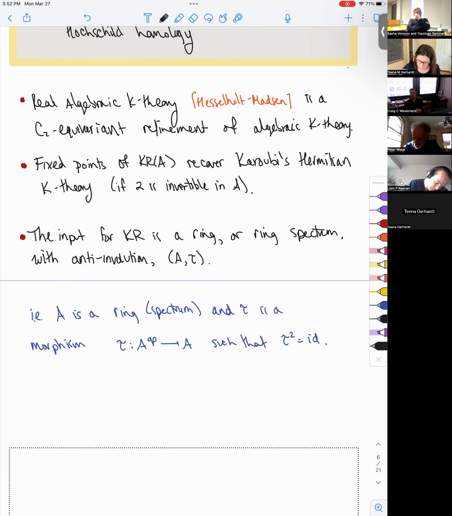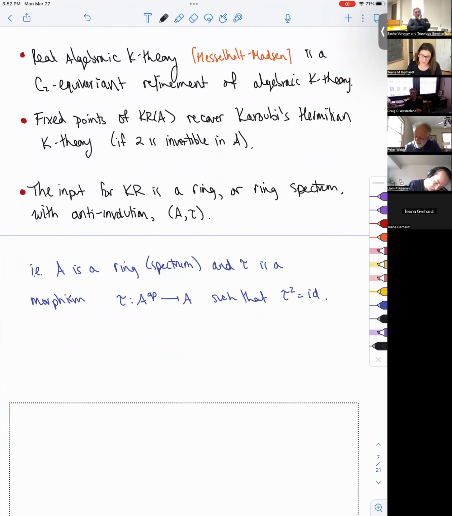Let me remind you that an anti-involution is capturing the notion that it's an anti-homomorphism. Let's talk about actual rings for a second. An anti-homomorphism will have the property that tau of xy is tau of y, tau of x. So the multiplication changes order.